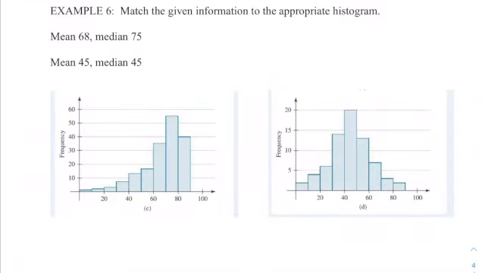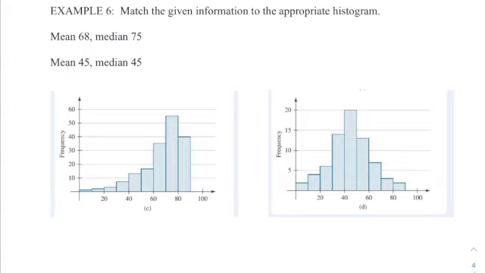Example 6, match the given information to the appropriate histogram. We kind of talked about this in the situation before, so let's just recap, because I think that's probably one of the toughest ones to figure out. Hopefully it's not so difficult reviewing it again. Now we are talking about the mean.